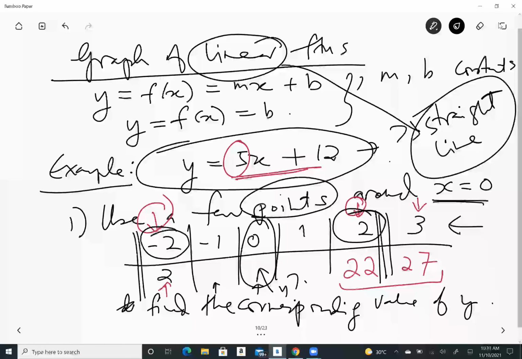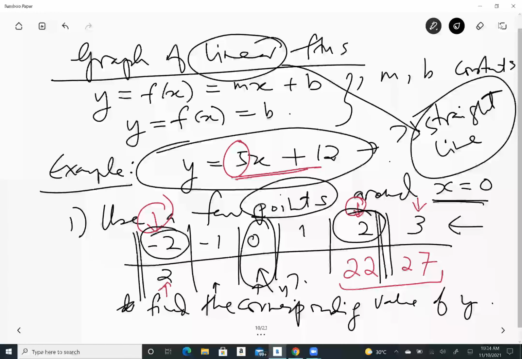The values of y are already given, the values of x are already known. So get the slope. What is the slope?